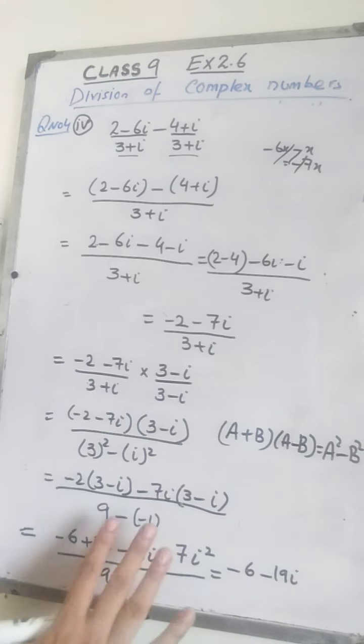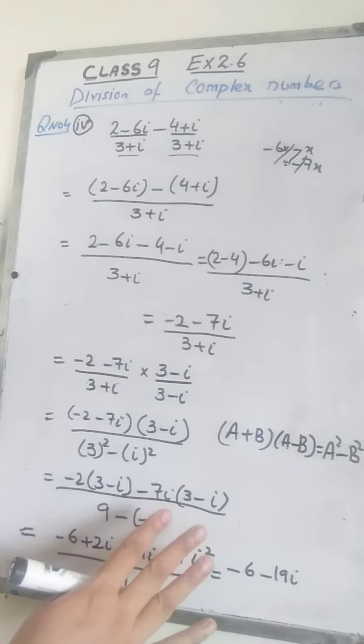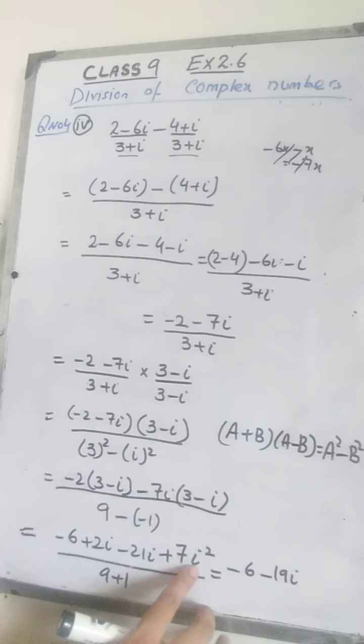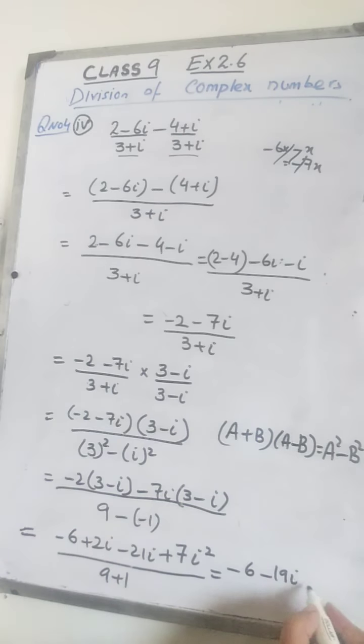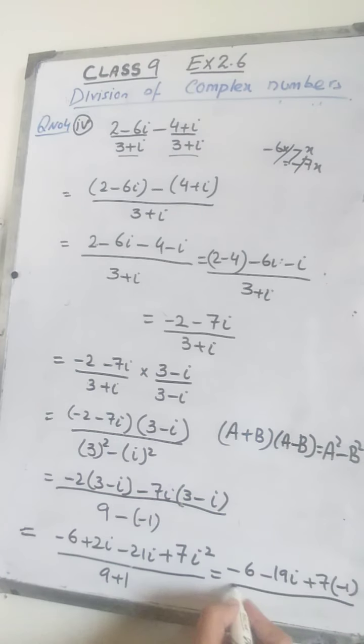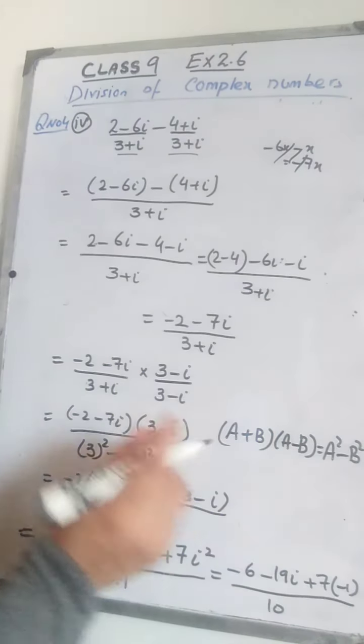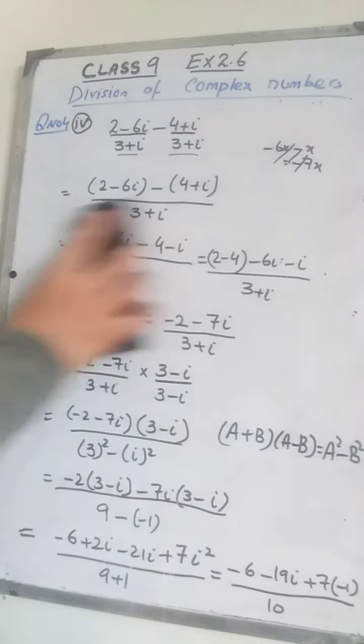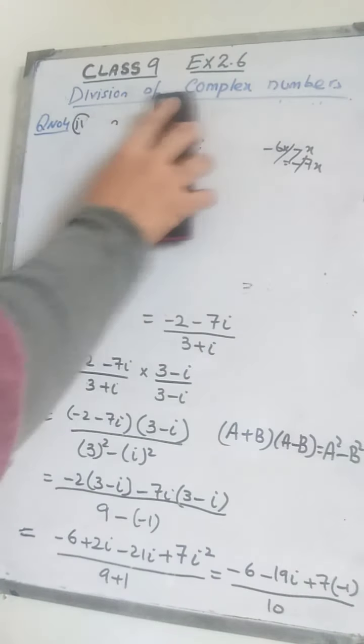Just as we do subtraction in algebra, the method is the same. And 7 iota square, where iota square is equal to minus 1, so this will be 7 into minus 1, over 10. Now let me do the step here.